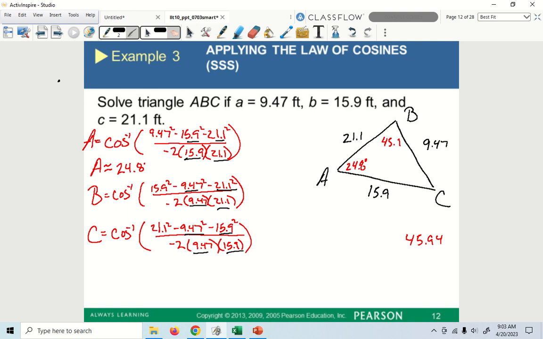If you're doing law of sine, there is a possibility of having 0, 1, or 2 triangles. Law of cosine does not have that. So if you want easier problems, try to do law of cosine all the time. Sometimes you can't. Sometimes you've got to do law of sine, but life goes on.